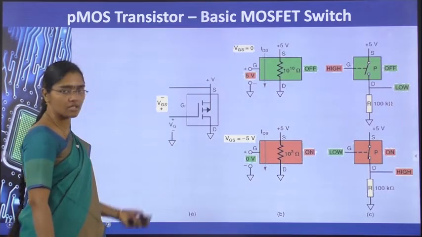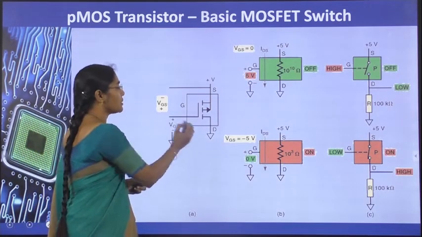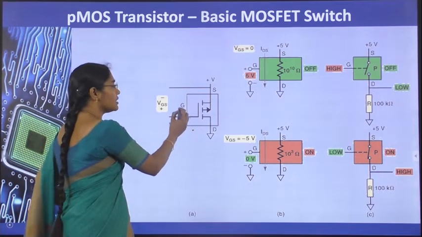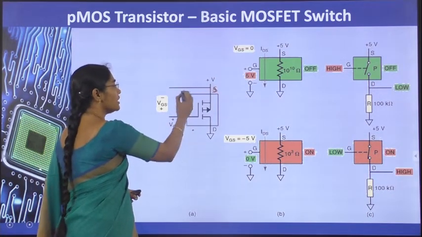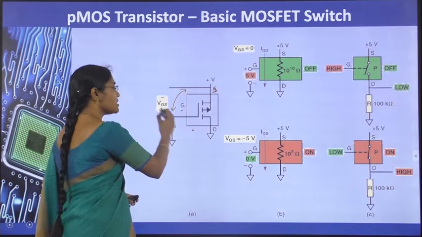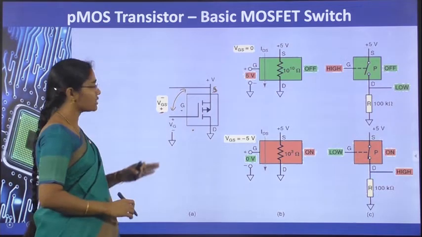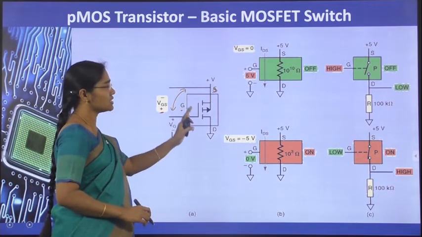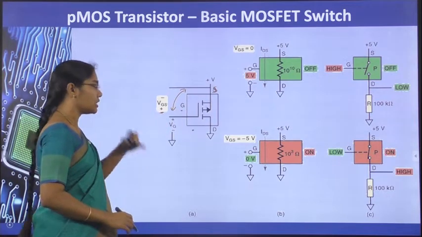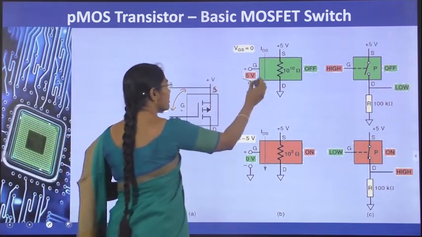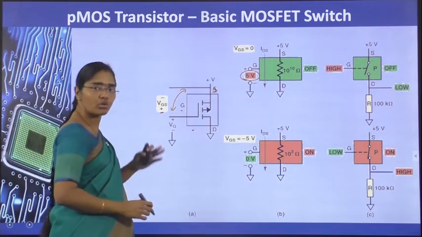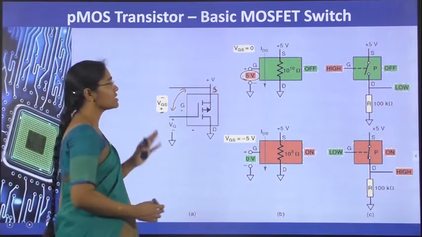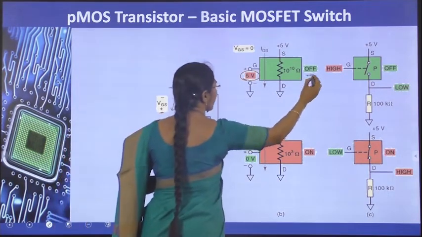Let's see that as a circuit model. This is our PMOS transistor. This is the gate terminal and this is the source terminal, and the potential between these two is VGS. Depending upon the VGS and VTP value, this transistor may be on or off. For a logic high value of input VGS, the transistor is in the off condition.